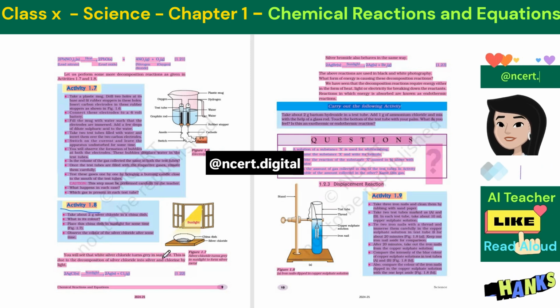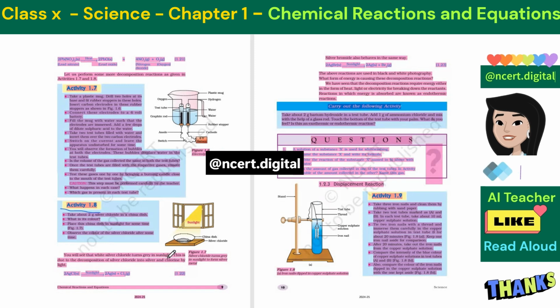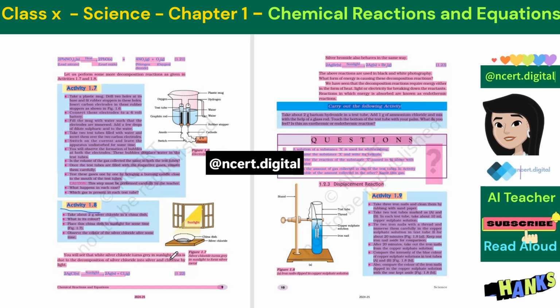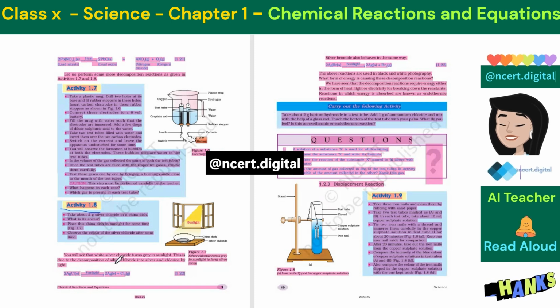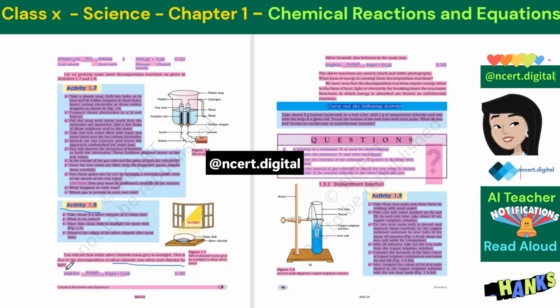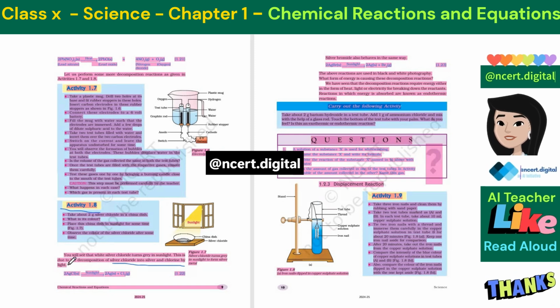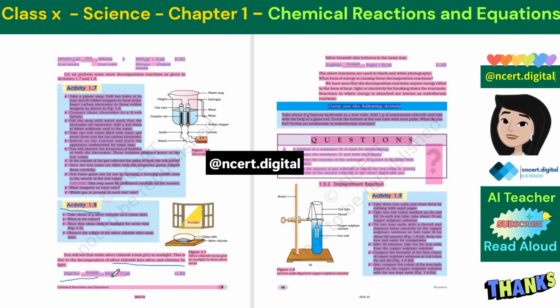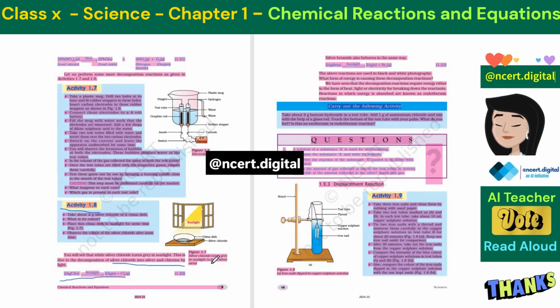Figure 1.7: You will see that white silver chloride turns gray in sunlight. This is due to the decomposition of silver chloride into silver and chlorine by light. 2AgCl (s), sunlight, 2Ag (s) + Cl2 (g). (1.22) Silver chloride turns gray in sunlight to form silver metal.